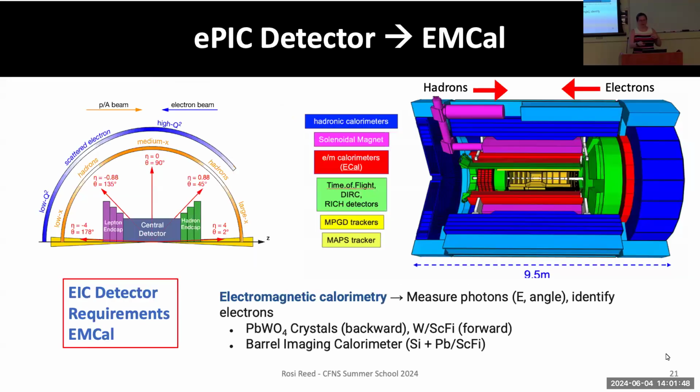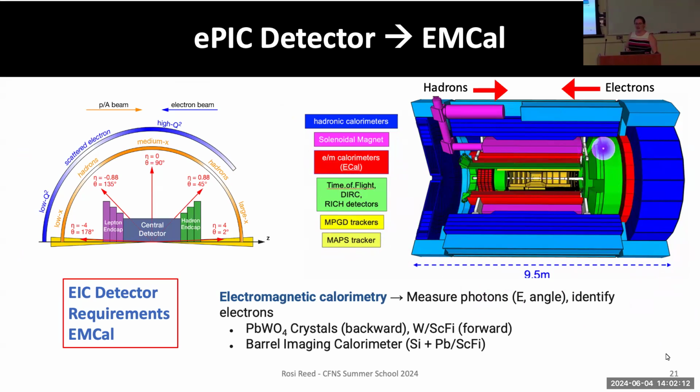Okay. So EPIC has several calorimeters. I bring back the picture from yesterday of just the barrel systems. Now we're looking at red, so the EM cal. We talked about the yellow detectors, the tracking detectors, yesterday. And here we've discussed these are where the PID detectors are.